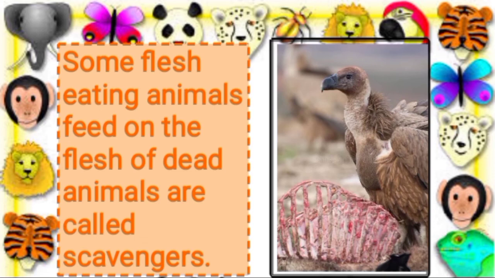Technically this poor deer was not a predator's leftover meal, but an animal that was killed from some other factor like accident or disease. So flesh-eating animals that feed on the flesh of dead animals are called scavengers.